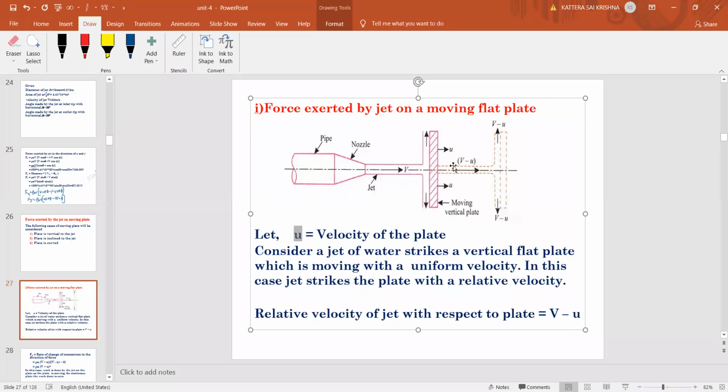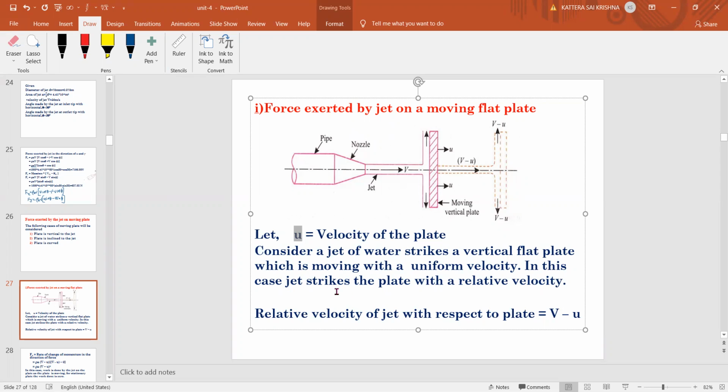Remember, the velocity of the moving plate is denoted by small u. Since it is already moving, there will be some velocity to the plate, and that velocity is taken as small u, right? So now let us consider a jet of water that strikes a vertical flat plate which is moving with a uniform velocity u.